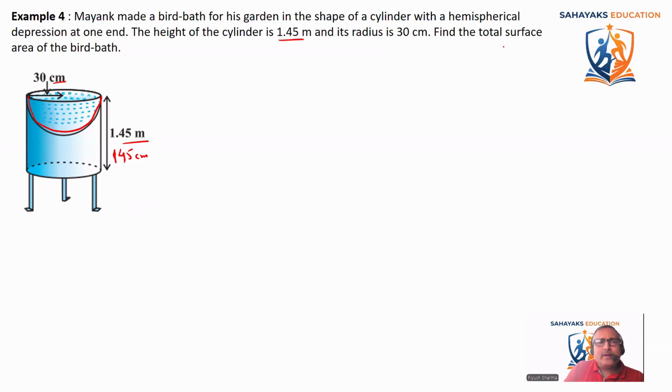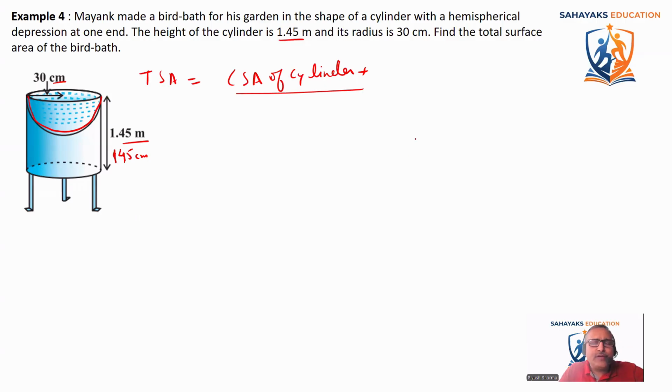Find the total surface area of the bath. Okay, so for the total surface area of the bath, we can take the curved surface area of the cylinder, plus the curved surface area of the depression. Total surface area of the object is equal to the curved surface area of the cylinder plus the curved surface area of the depression.